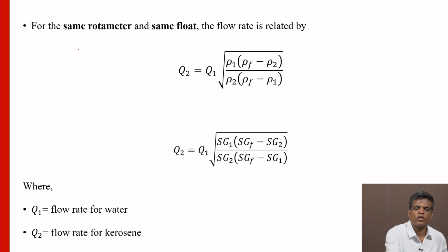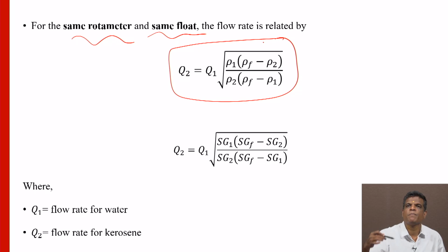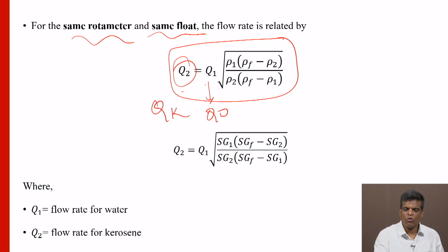So, if it is the same rotameter and the same float, we can always use this equation, a modification of the previous equation. Q2 equals Q1, where Q2 is the flow rate of kerosene, Qk, and Q1 is water, Qw. Again, rho 1 and rho 2 we are replacing in terms of specific gravity, because everything else is the same, with rho f as the specific gravity of the float.